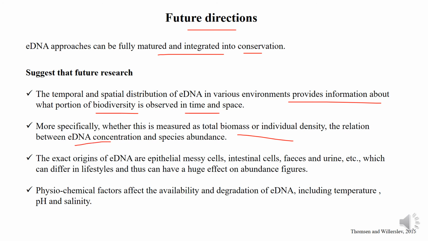If the eDNA concentration is very high, then you can estimate the total density and the biomass, and abundance also. The extracted origins of eDNA are epithelial cells, mast cells, intestinal cells, feces, urine, and in future the sampling may increase and differ with lifestyle, and thus it can have a huge effect on the abundance figure. So abundance can be detected in the future also.